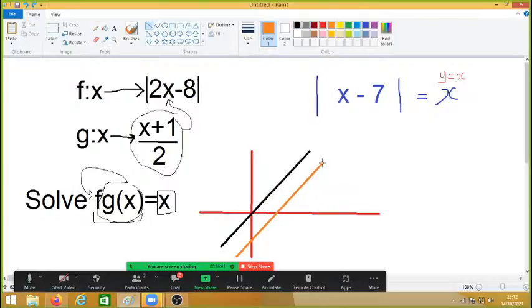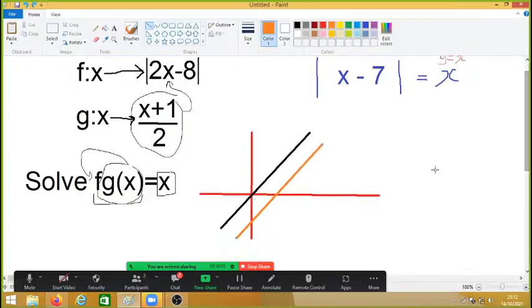So it'll be something like that. Just continue that on for a bit more. So minus 7 here is your y-intercept.